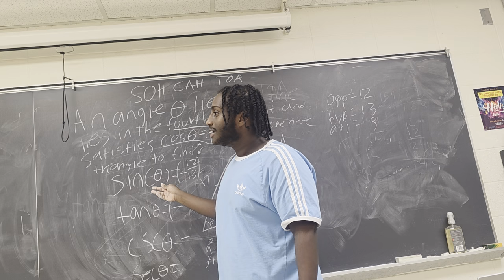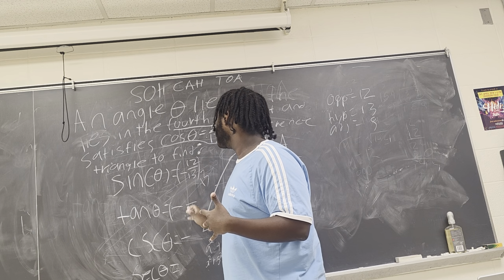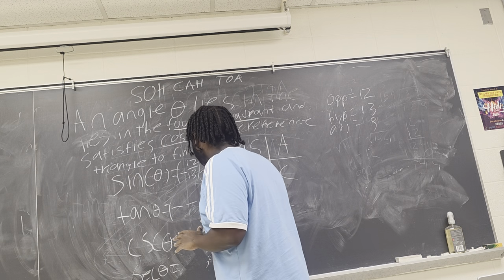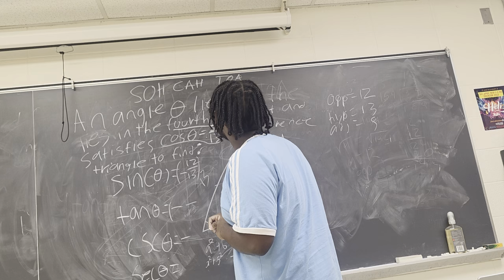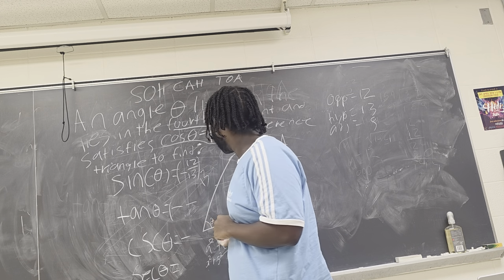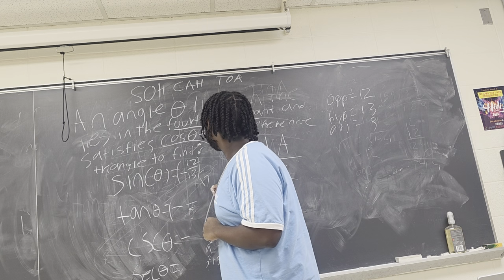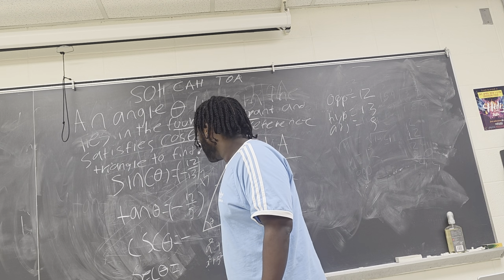Usually the way I do it, at least in my homework, is it's sine, cosine, so I immediately think, okay, these two are gonna be the same. My bad. That's why you gotta always double check. So tan is gonna be opposite over adjacent, so adjacent is 5, and opposite is 12, and that's gonna be negative.